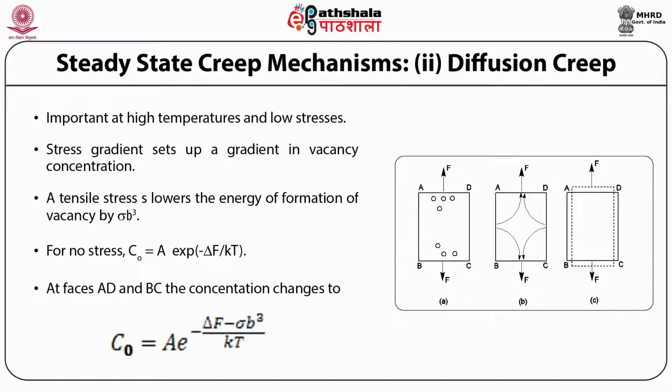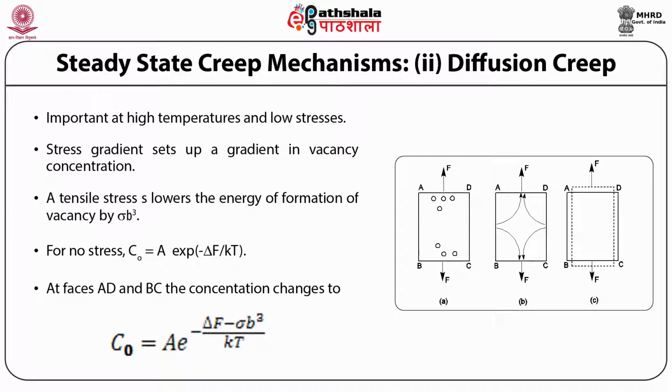So in this figure, the part A, due to tensile stresses on faces AD and BC, tensile stresses are present at these faces, producing a higher vacancy concentration near these faces.